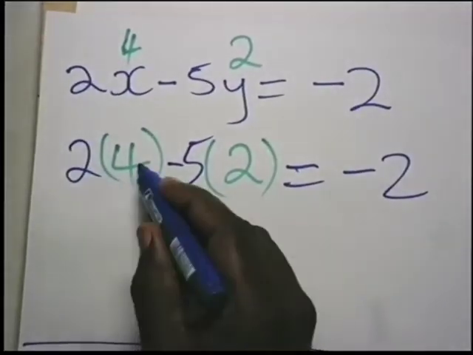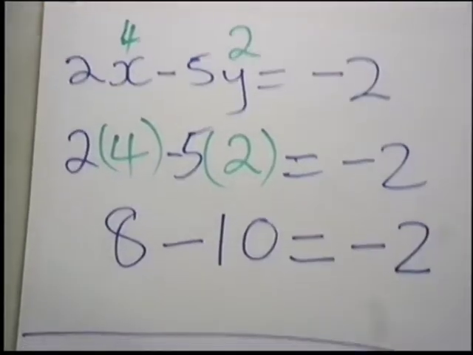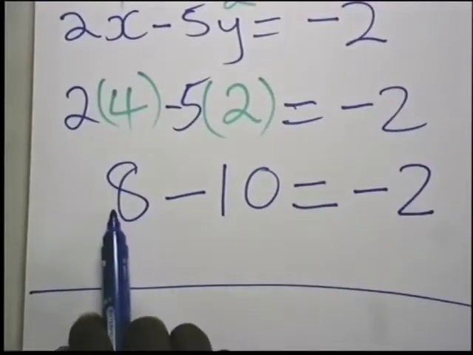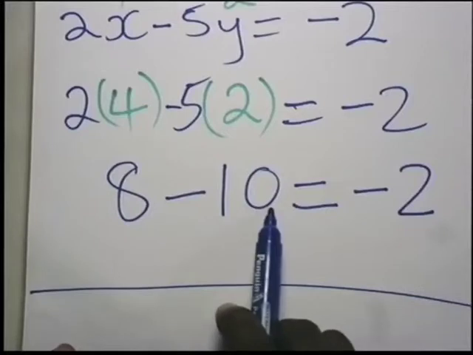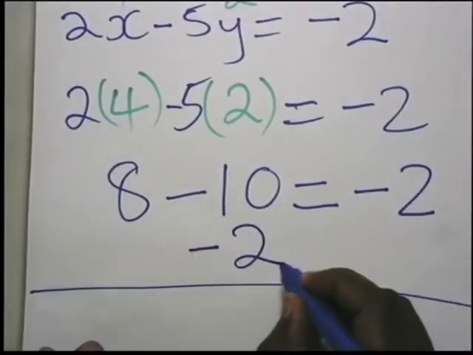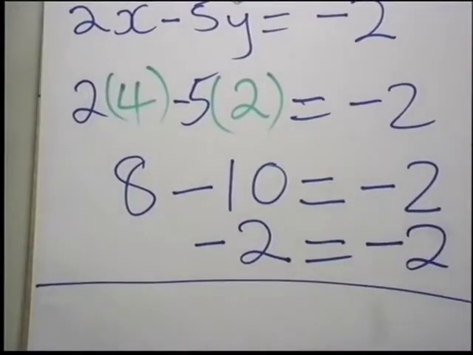This one gives us 8, plus 8 minus 10, it gives us minus 2, equal to minus 2. So the statement is correct for the first one.